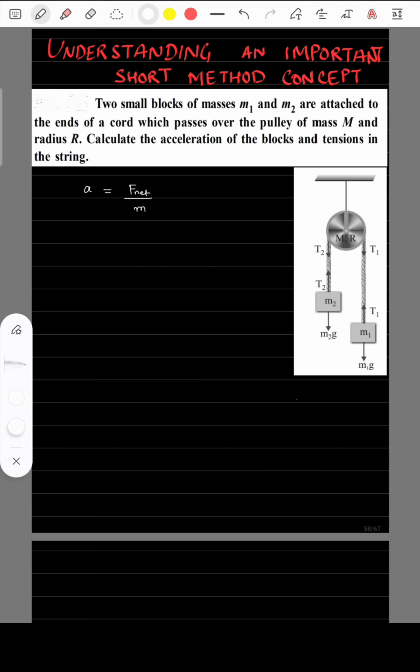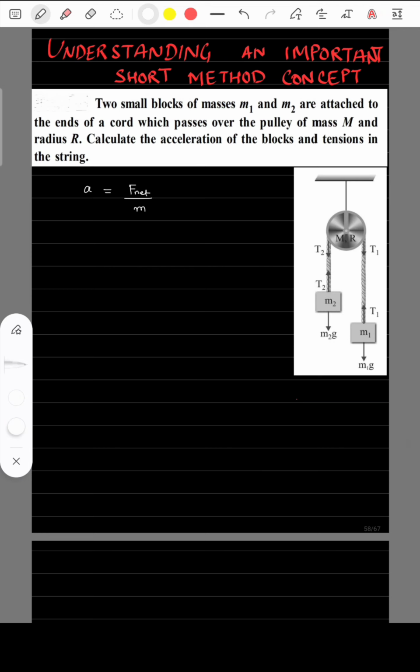Now the pulley is rotating like this, meaning the torque produced by T1 is more than the torque produced by T2. Hence, for the pulley, we can write T1 into R minus T2 into R is equal to net torque, equal to the moment of inertia of the pulley multiplied by the angular acceleration.